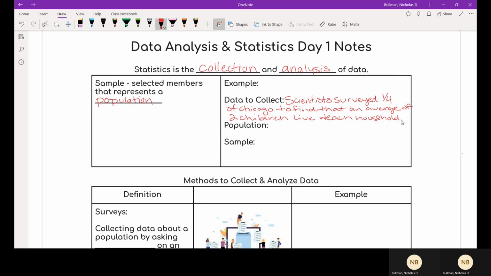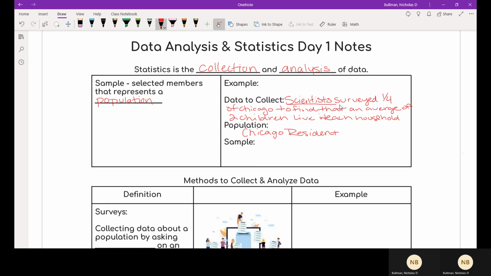So our population is the total amount of people that it is affecting and what we're trying to find out. Our population is Chicago residents. And the sample is just the people that we talked to and sampled or surveyed in this case.